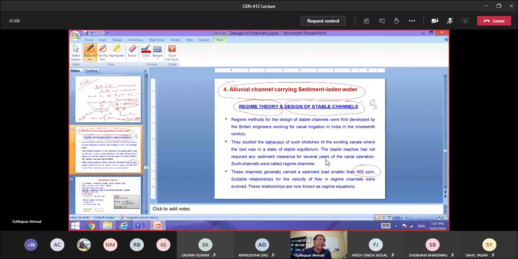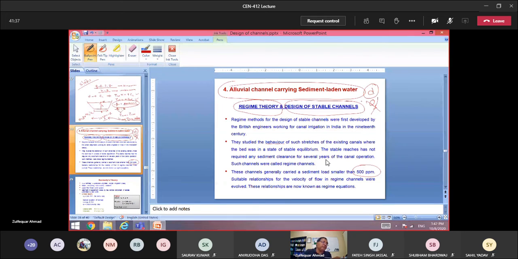So you will find that in this regime theory, the sediment concentration is not coming in the picture in the design aspect. However, the sediment size will come in the picture. So we consider the sediment size as the parameter, okay, right? But this Qs will not come. We'll discuss this Englund and Hansen method, okay. There we consider this Qs parameter, okay.